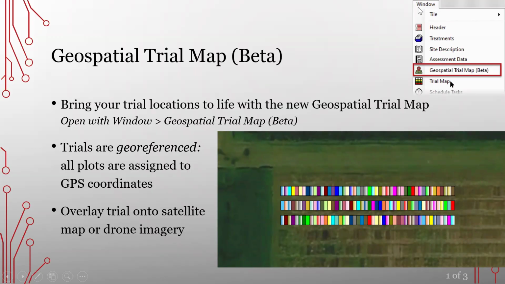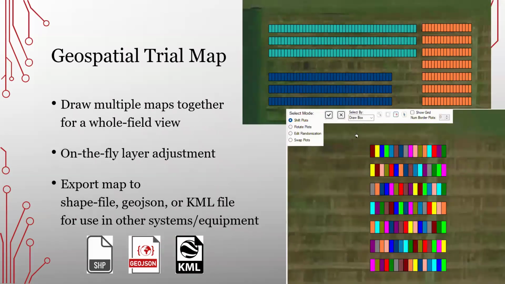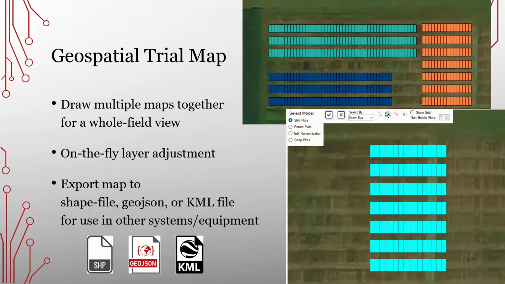The original old trial map function is still there and working for now as well, but this is an extra command, essentially a sneak preview of what we will be discussing next week.